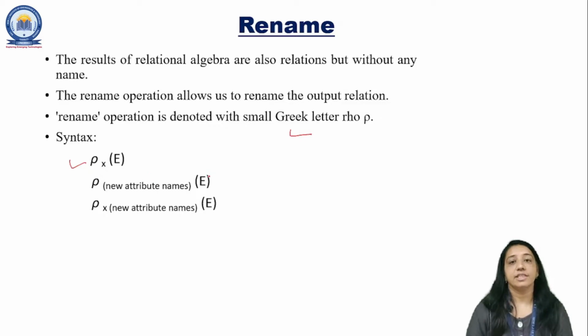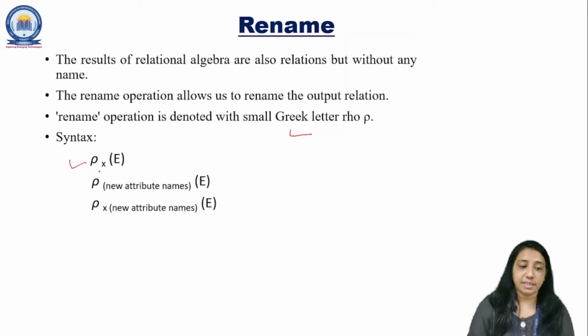That means for any relational algebra expression, whatever the output is, x is a new name to that relation. The next is rho with new attribute names and then e. Now you can see that whatever attributes are there are going to be renamed. So here you have to write the sequence of attributes, and according to that, the respective attributes are going to be renamed.